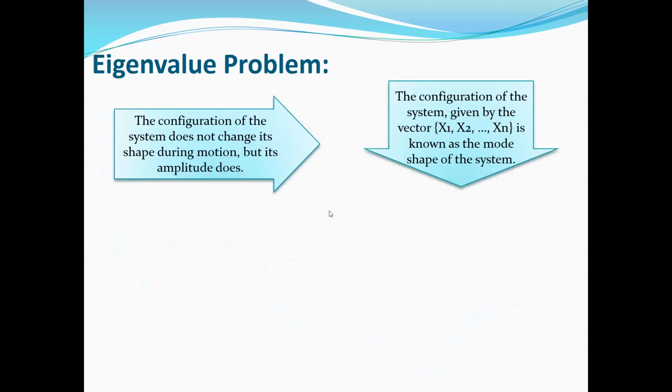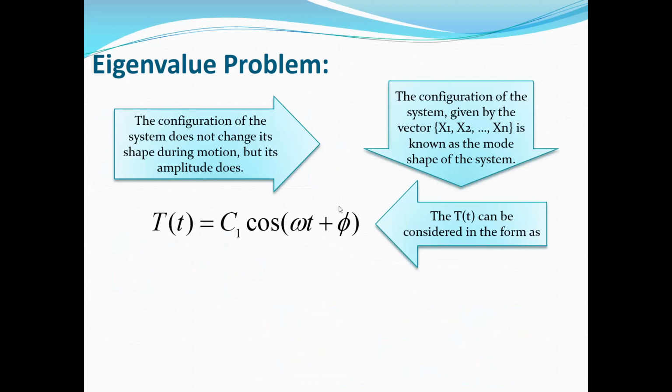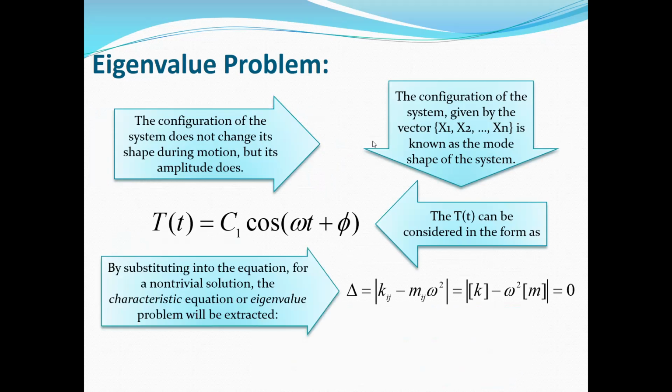So for this purpose, we can substitute into the equation and consider the response T(t) as a cosine function, or in the harmonic form. By substituting the response into the equation of motion in the matrix form, for the non-trivial solution, the determinant of the matrix of coefficients again must be equal to 0.